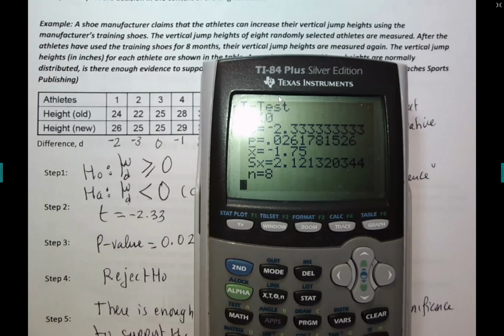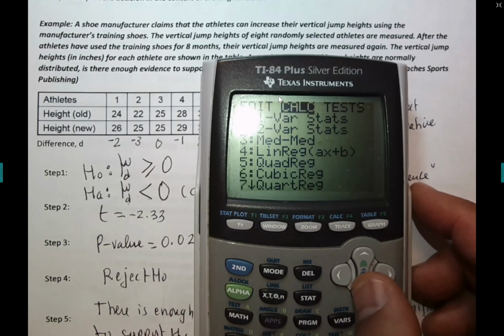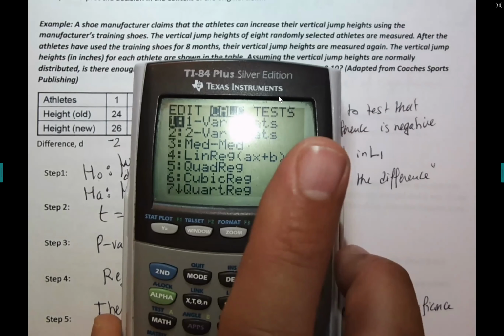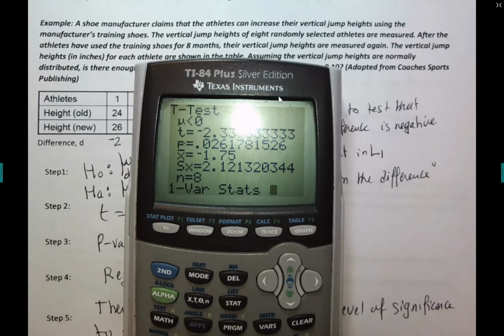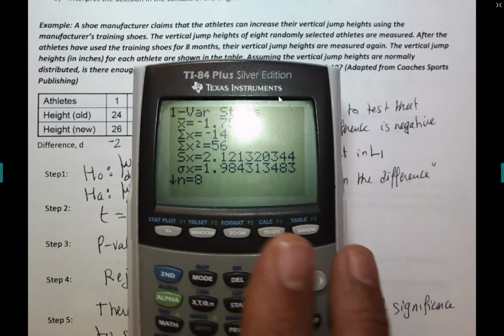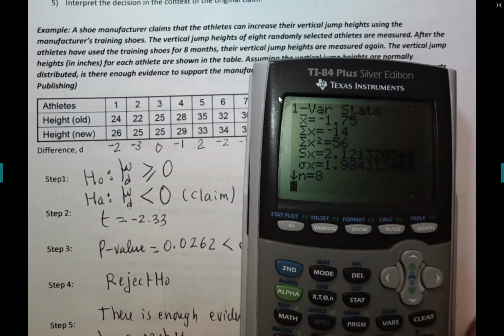What do I do? Stat, let me show you. Calc, one variable statistic, and then enter. Here you go. X bar is the mean, which is -1.75. Don't be surprised it's negative because all the data are negative. And S is the standard deviation, which is 2.012.